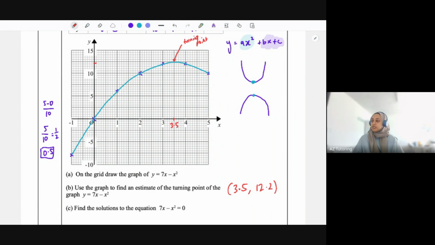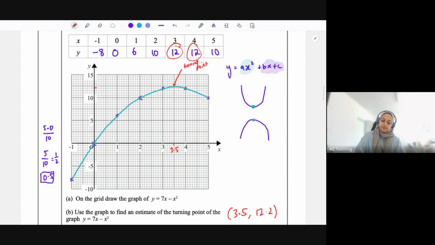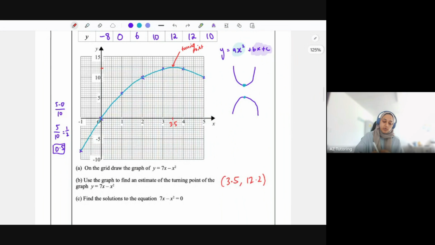So just looking at the mark scheme, they accept a number for y between 12 and 13, but for x you have to have 3.5 because 3.5 is bang on in between the 3 and 4, where it's exactly the same for these two. So yeah, you get a range of answers you can choose for the y value, since it's just an estimate.